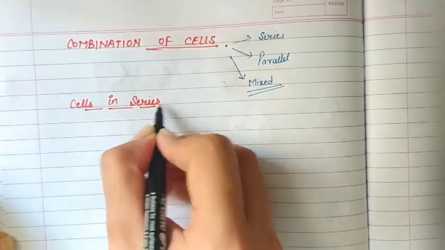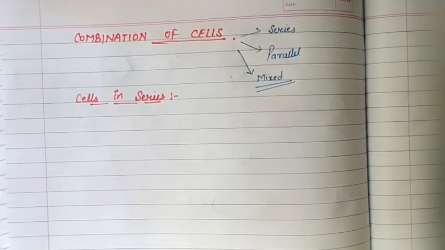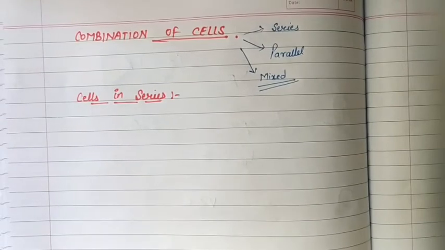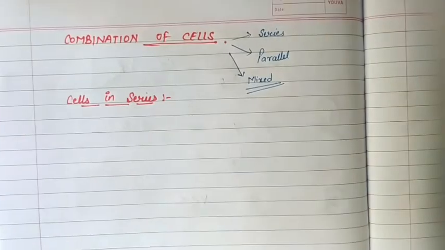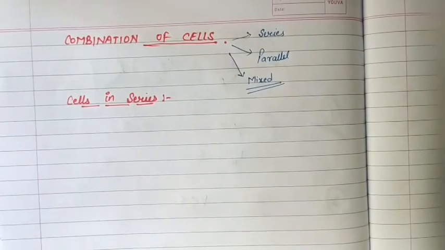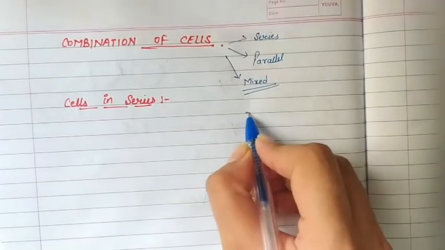By saying cells in series, we mean that the negative terminal of one cell is connected to the positive terminal of another cell, and so on. In this explanation I am going to show a cell like this.